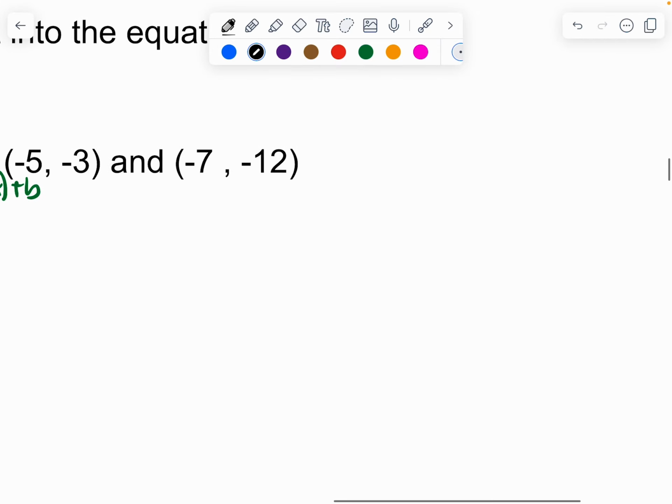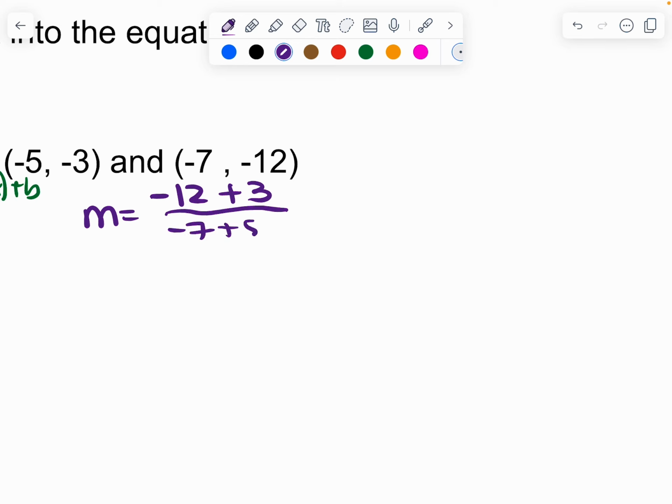So over here, we're going to find the slope first. I want you to find the slope. Okay, negative 12 plus 3 over negative 7 plus 5.